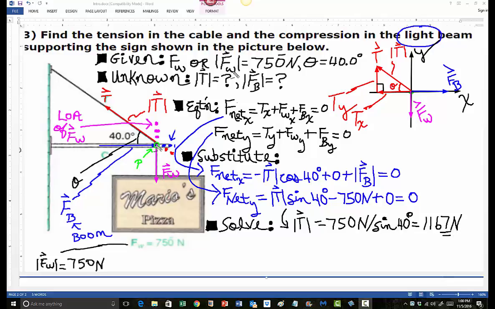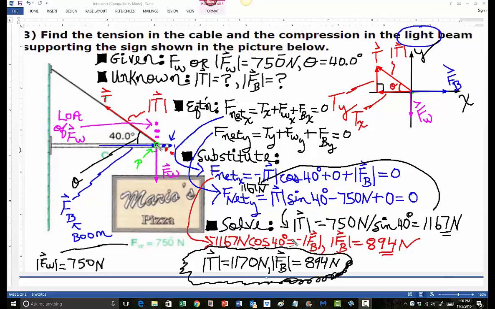We carry 4 significant figures since this is a 3 significant figure problem. We now substitute this value of 1167 newtons for the magnitude of the tension vector into this equation. We have now solved the problem. The magnitude of the tension vector to 3 significant figures is 1170 newtons, and the magnitude of the boom force vector is 894 newtons.